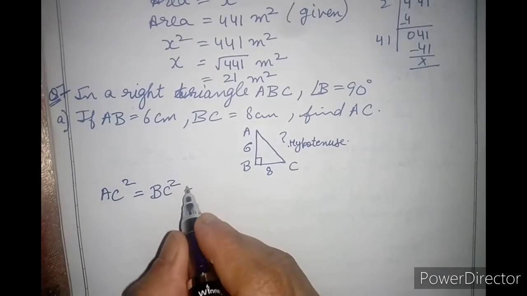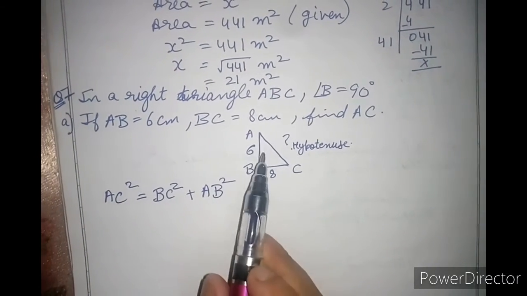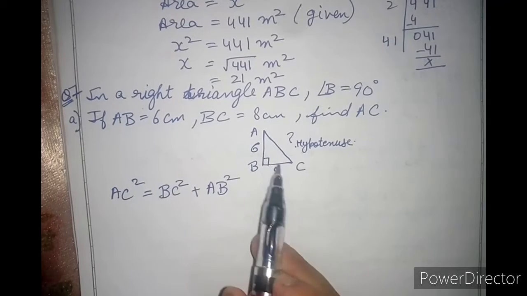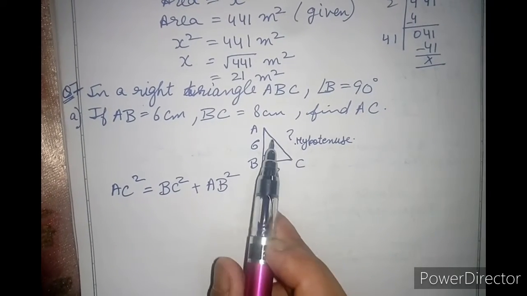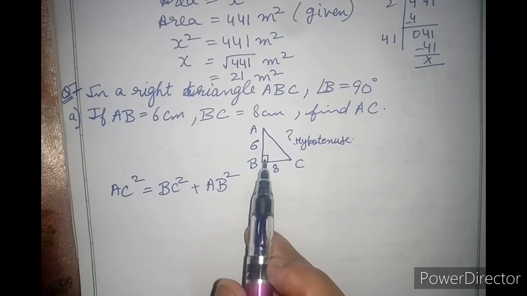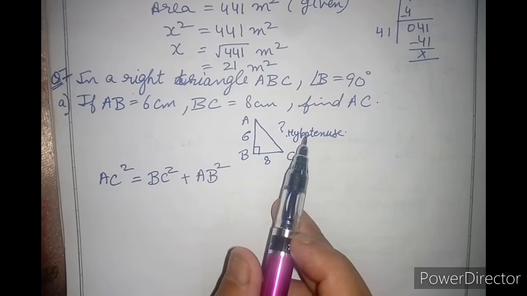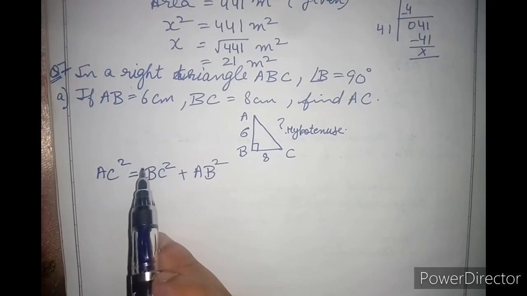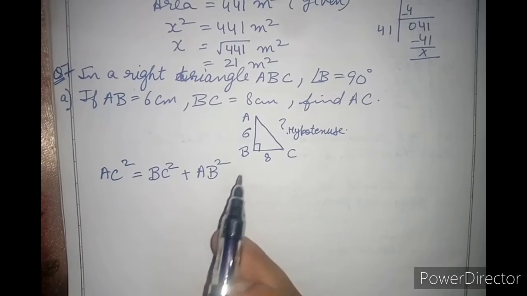These two legs are counted in a right angle triangle, AB and BC are legs. We call it base, height, and this is hypotenuse. And hypotenuse is the longest side, which is right opposite the right angle. And according to Pythagoras theorem, its square is equal to sum of square of other two sides.